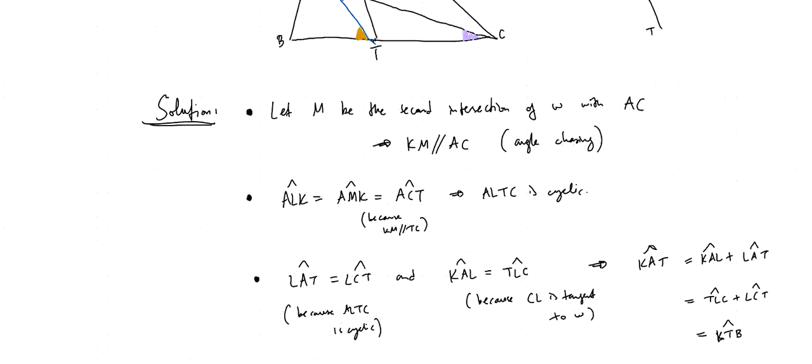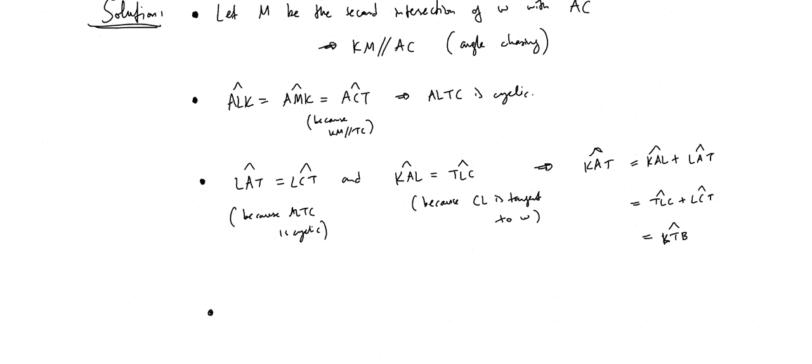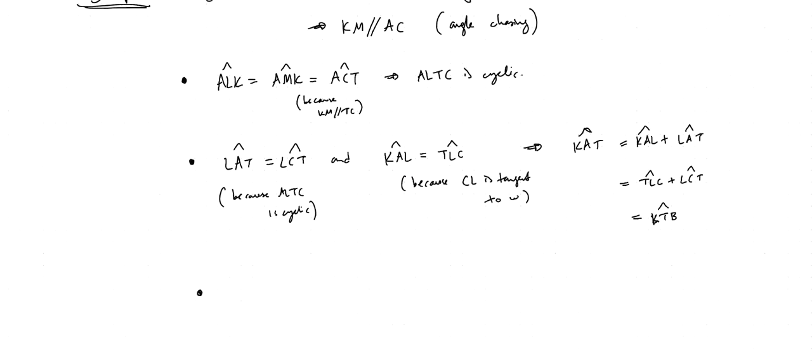So now the fourth thing is, after observing this angle equality, we say KAT equals KTB. Well, instead of KAT, let's write it as BAT.